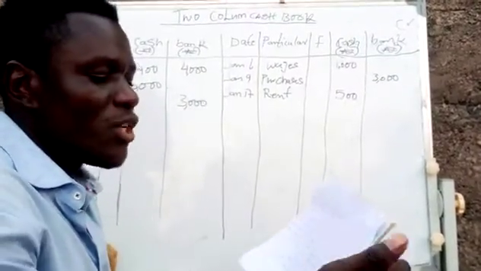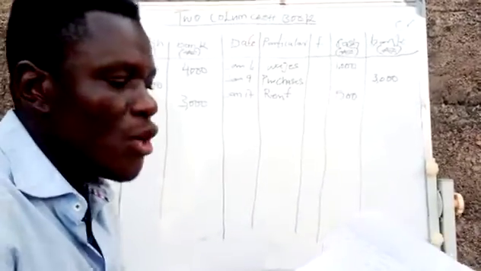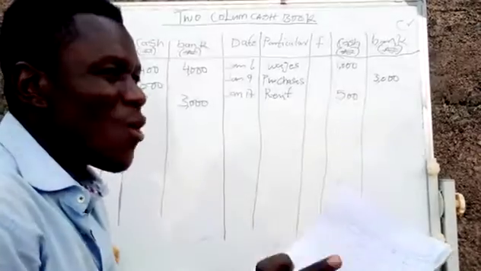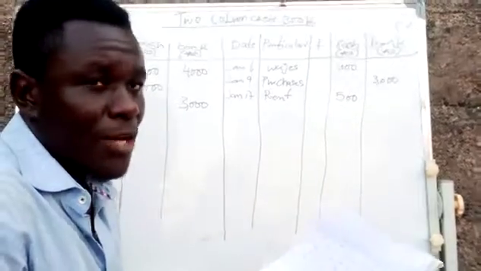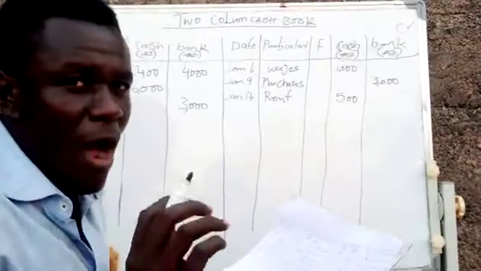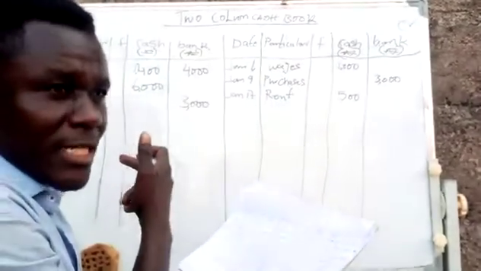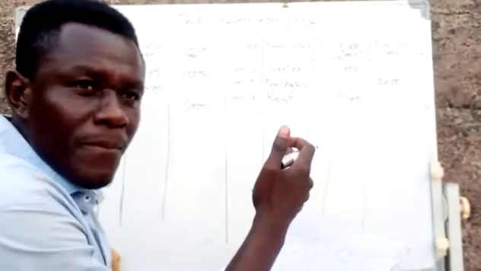On the 20th January, withdrew cash from bank. Withdrew cash from bank, which means this one is a contra entry. And what do we mean by contra entry? It is a transaction that will appear in both the debit side and the credit side.